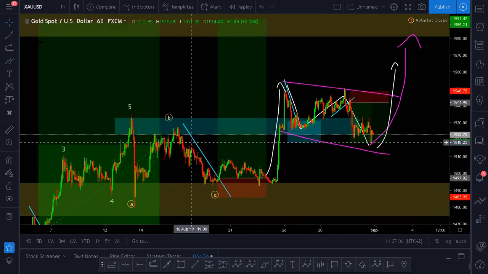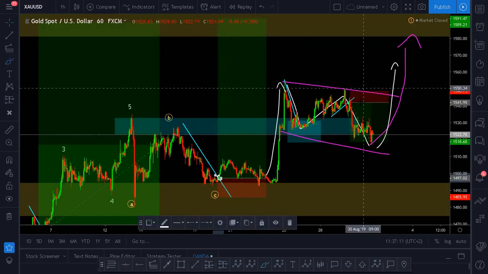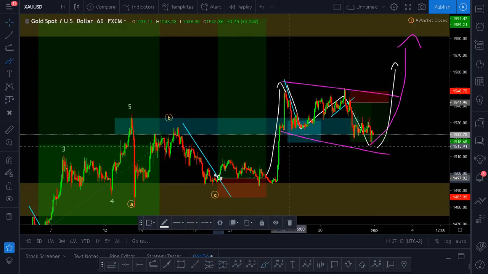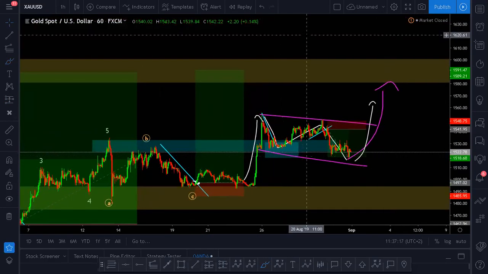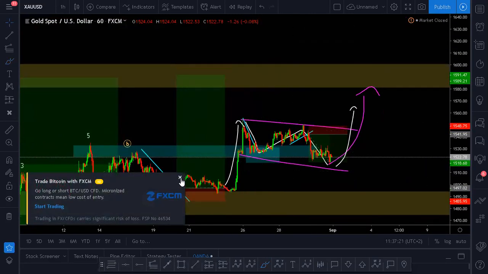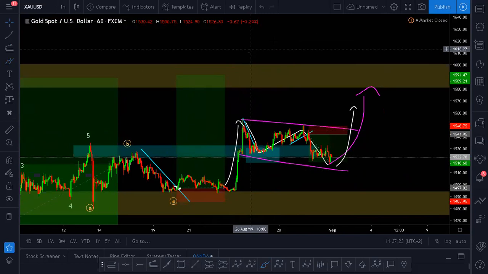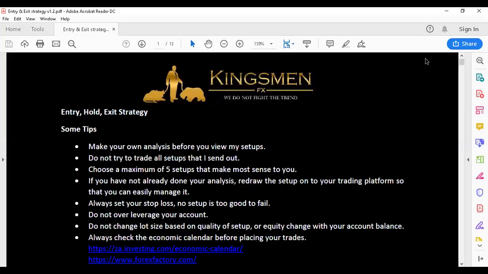While you are holding this one, selling here doesn't mean this one has been invalidated. So just try and understand these corrective structures. If not, you can check my entry exit strategy. Let me pull it up.